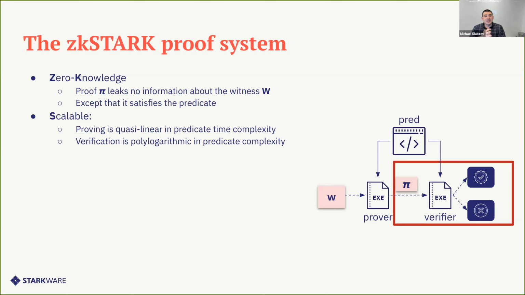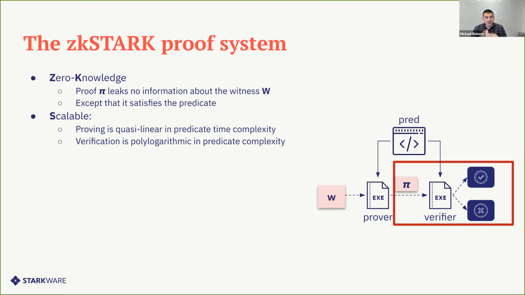S stands for scalability. Scalability says that the verification of the proof is logarithmic, or actually polylogarithmic, in the time it takes to explicitly verify the predicate. So it could be the case that the verification of the predicate is very long. For example, in the case of the hash pre-image, it could be the case that the witness is some very big file, let's say a Blu-ray video, that took a while to hash.